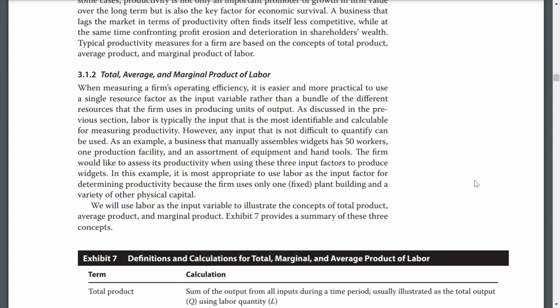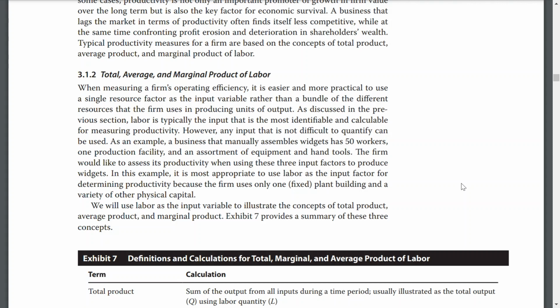The firm would likely want to assess its productivity when using these three input factors to produce widgets. In this example, it is most appropriate to use labor as the input factor for determining productivity because the firm uses only one fixed plant building and a variety of other physical capital.